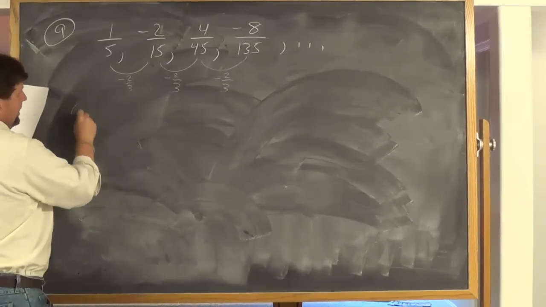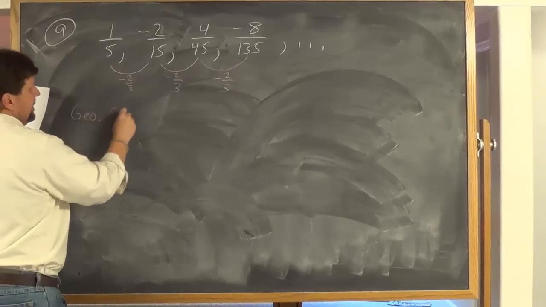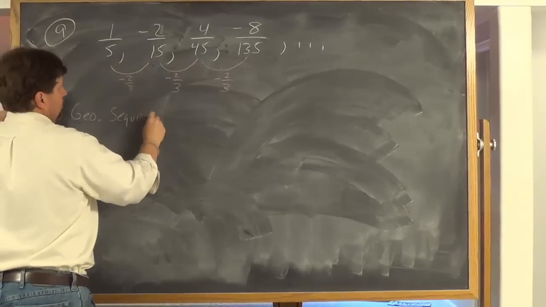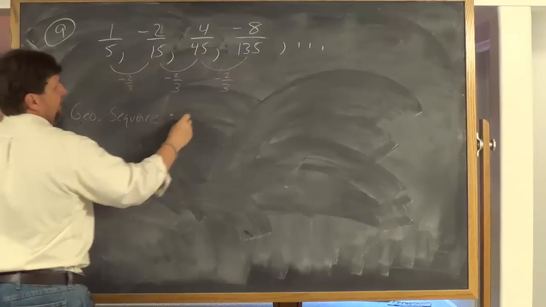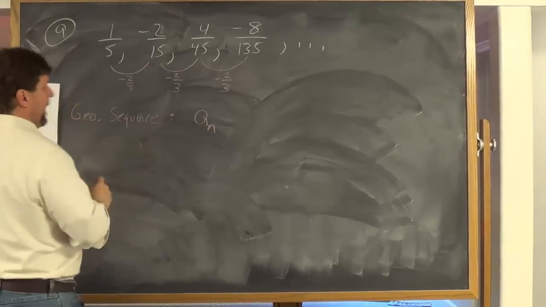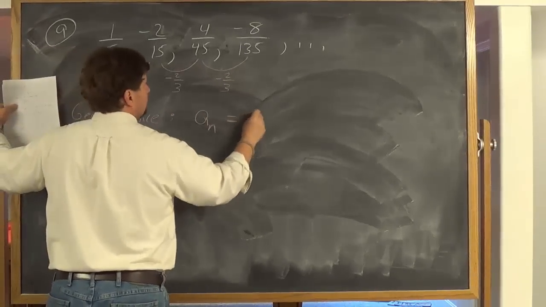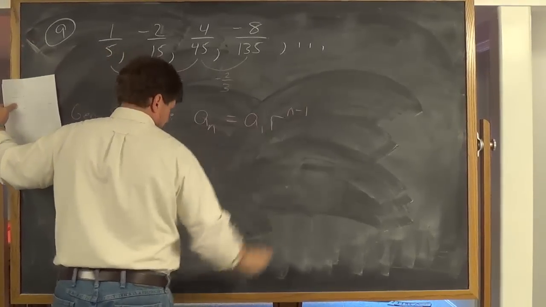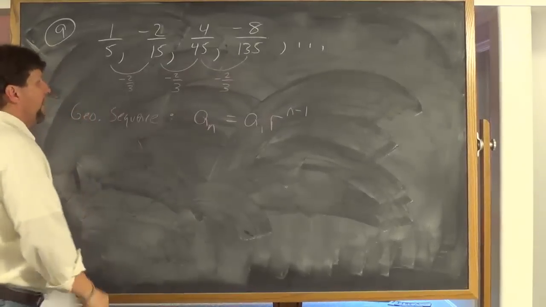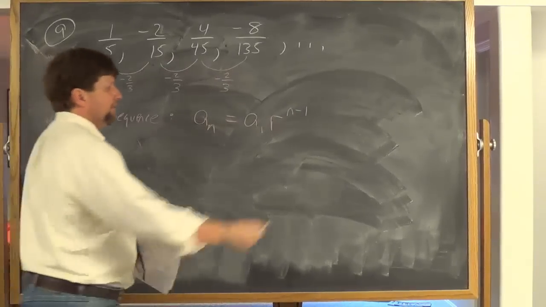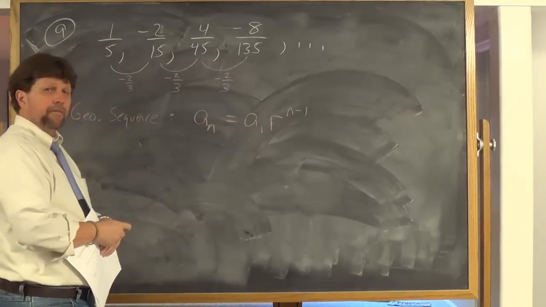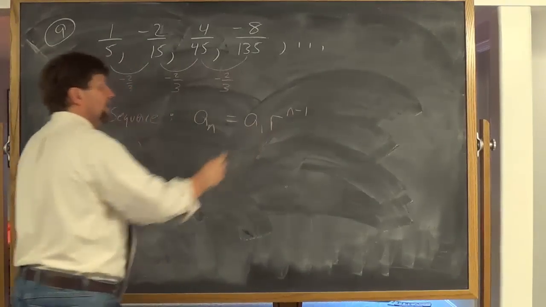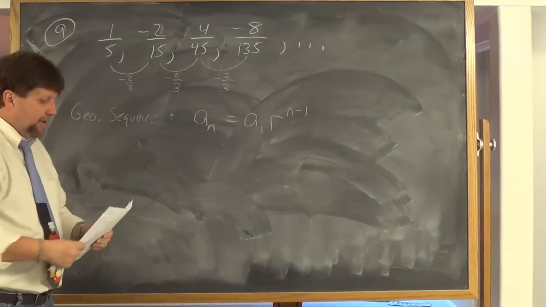And keep in mind that a geometric sequence is of the form a sub n equals a sub 1 times r to the n minus 1, where a sub 1 is the first term and r is the common ratio.